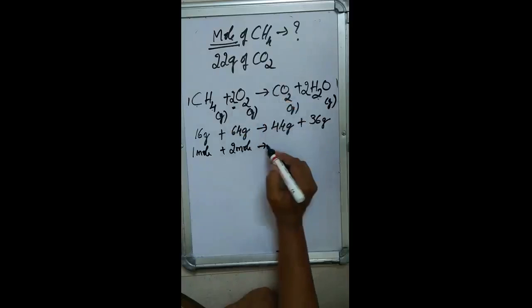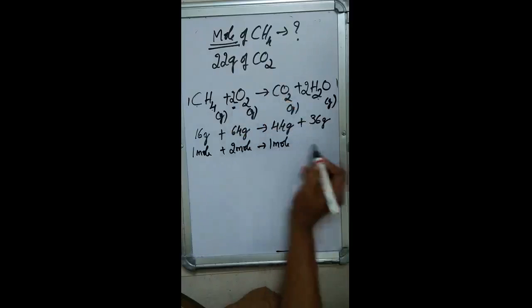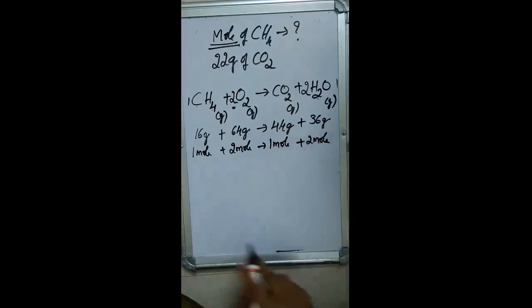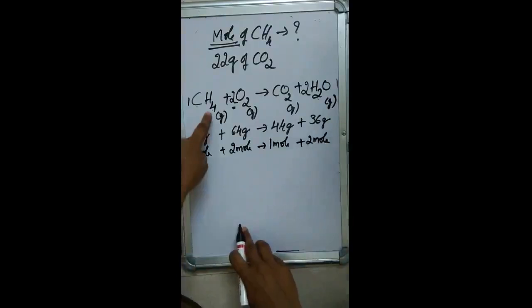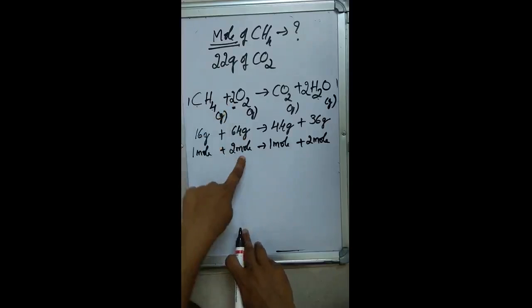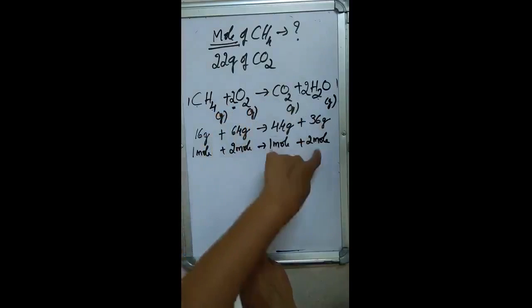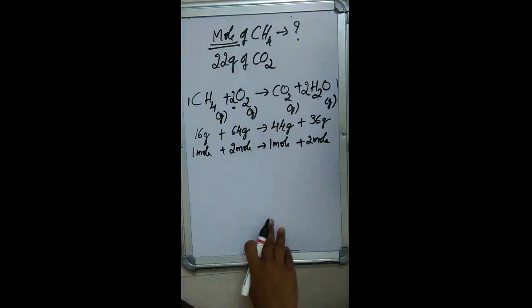Here 1, so 1 mole of carbon dioxide is formed plus 2 mole of water is formed. I hope you understood this. 1 mole of methane burnt with 2 mole of oxygen gives 1 mole of carbon dioxide and 2 mole of water. This is the mole relationship.